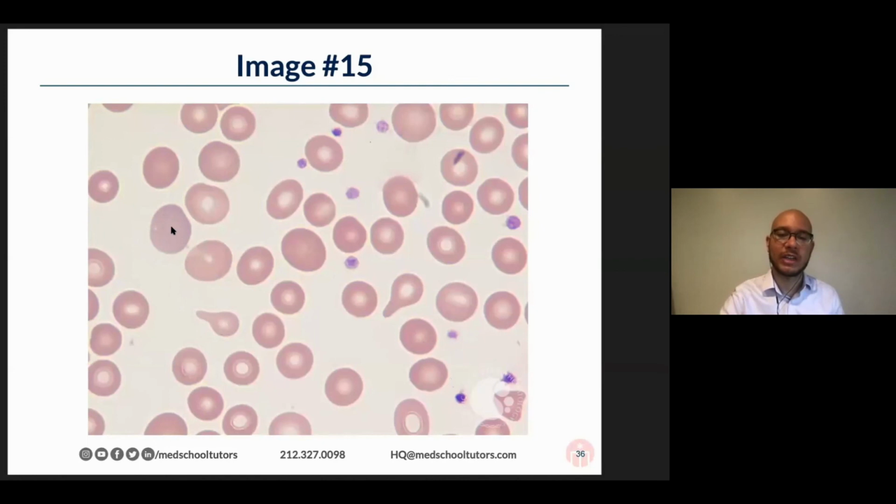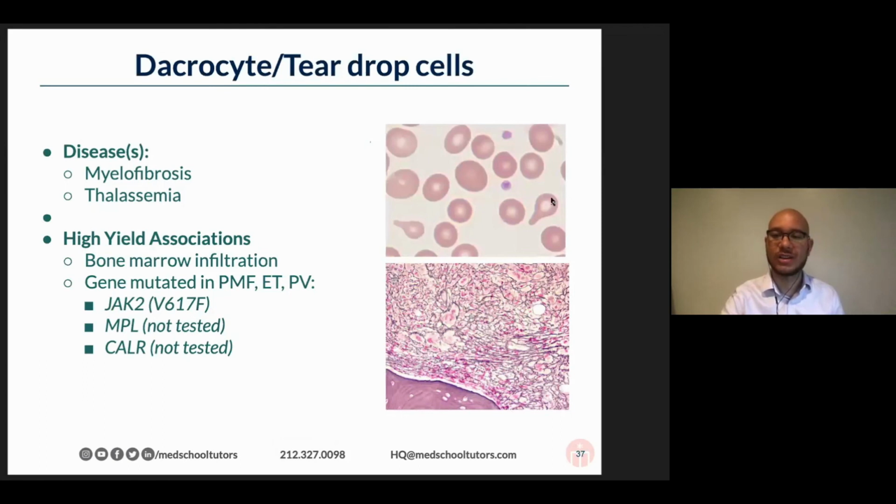Here we have a reticulocyte, and we also see some relatively normal looking platelets that we're seeing better now because we're far more zoomed in than the first image that I showed. So again, these long cells here are the dacrocytes, the teardrop cells. And basically any form of bone marrow infiltration, fibrosis, can lead to these dacrocytes.